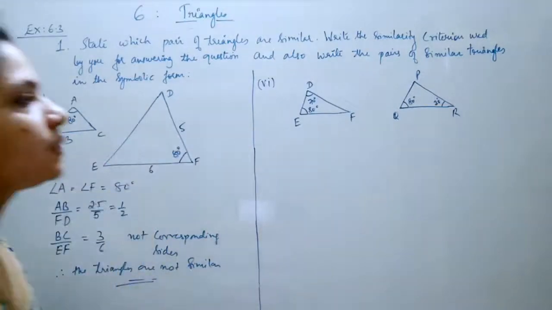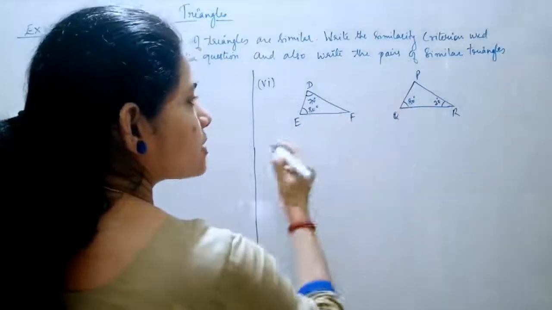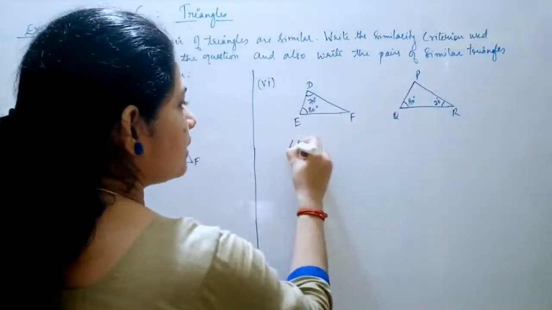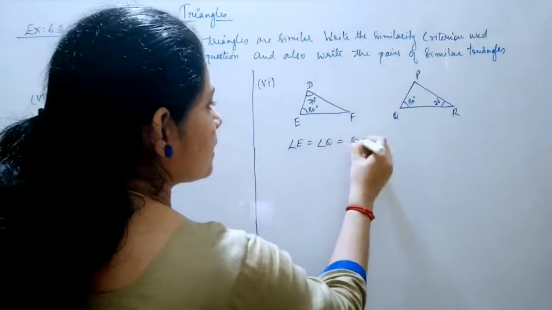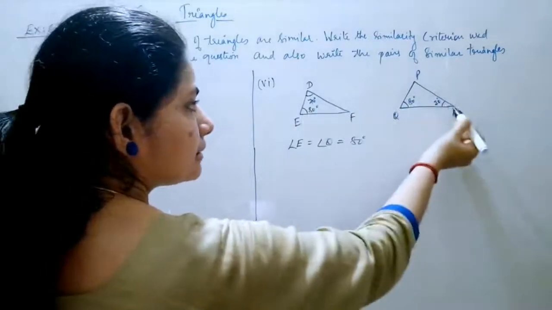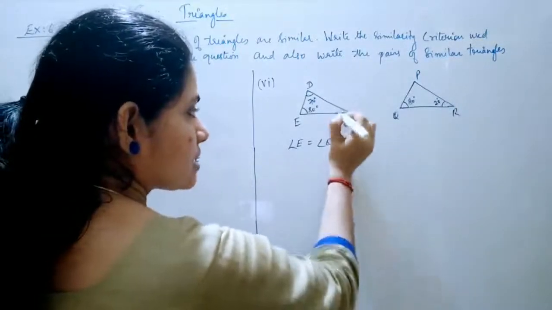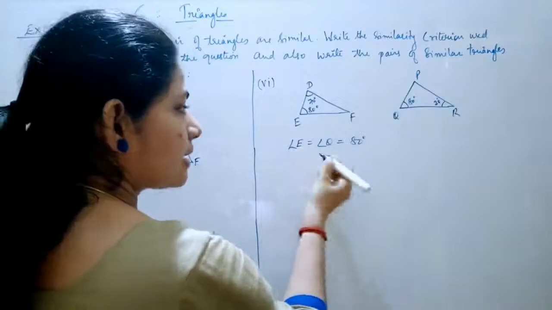Here in the next part you have angle E, and angle Q is also 80. So you can say angle E is equal to angle Q is equal to 80 degrees. Then here it is given to be 70, and on the other side angle R is given to be 30. So we need to find out what this angle is. For that we can use the angle sum property.